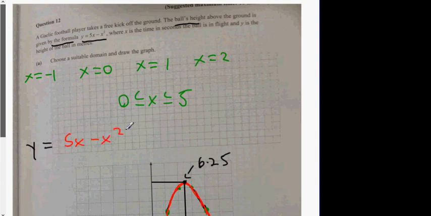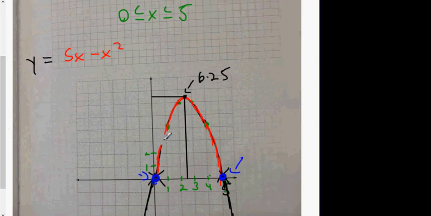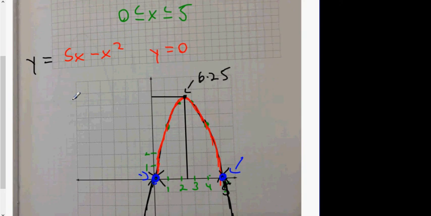Now, see where we got the two answers. See where we got x equals 0 and x equals 5, yeah? They're both located when y equals 0. So we got 5x minus x squared equals 0. Now here's how your calculator would have solved this. First of all, what can we take out in common?